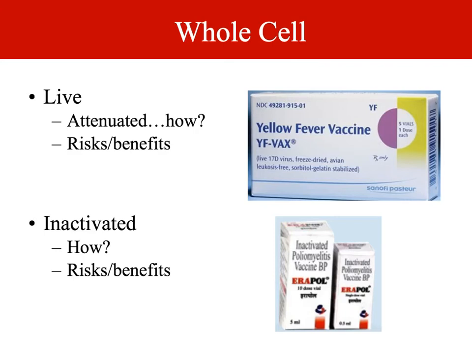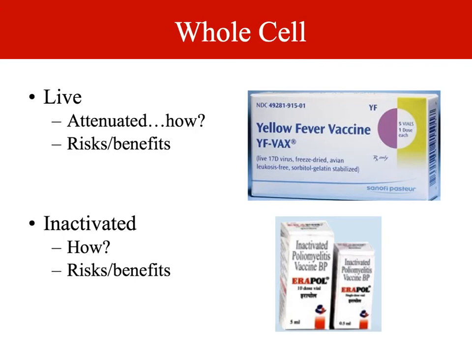There were attempts, and have been attempts, to heat inactivate certain pathogens to make vaccines. However, when you do that, you destroy a lot of what are the native protective epitopes, and so that does not work as well as formalin inactivation does. Right, there are risks and benefits to this too. The benefits is that you mitigate the risks of using a live vaccine, right?